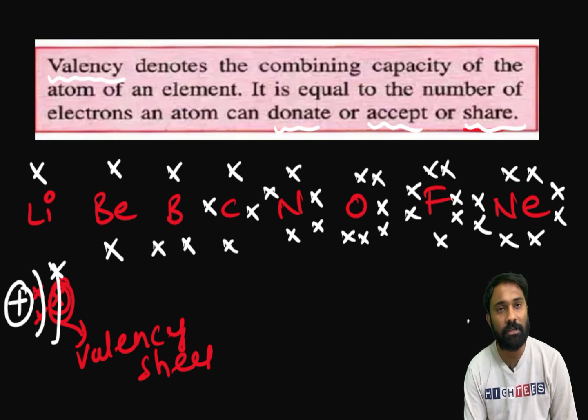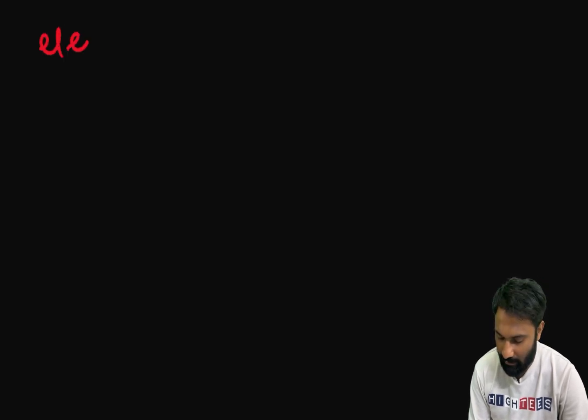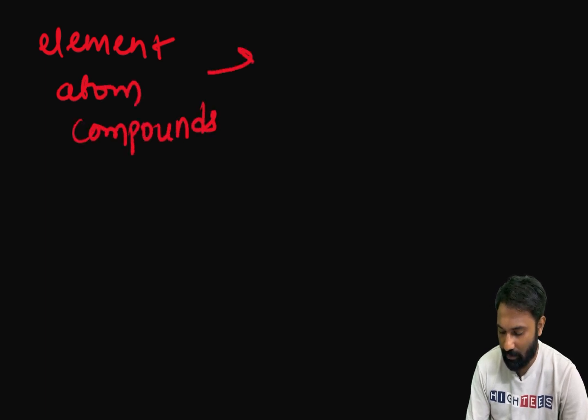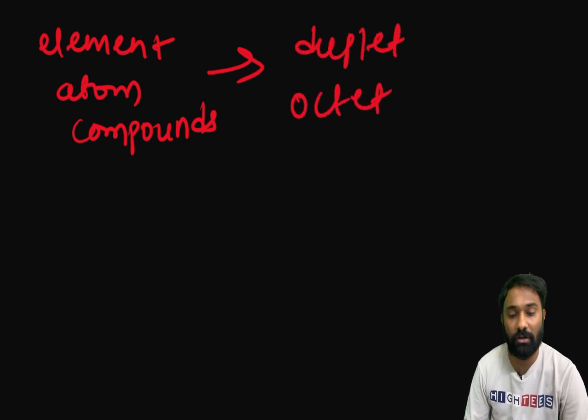Based on this valency, it will share, donate, or accept. Now we'll see how these valency electrons play out, compared to sodium. What I said first: every element, atom or compound tries to attain an octet or duplet electronic configuration.